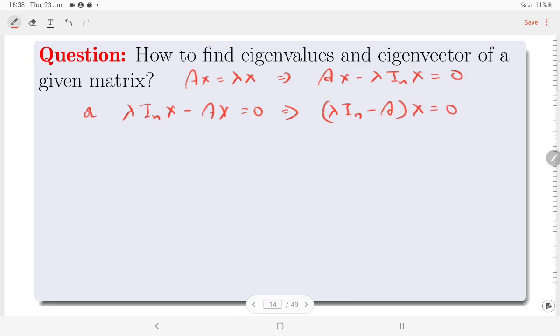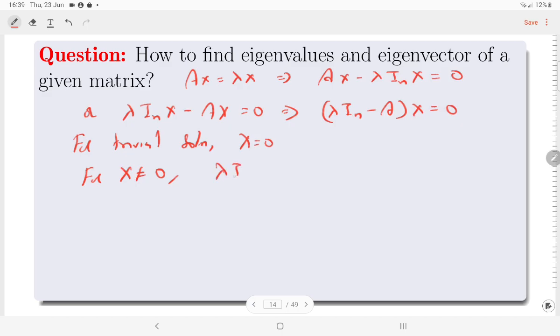So it actually represents a homogeneous system of equations. If you see lambda In minus A as some matrix B, then it is Bx is equal to 0. So there are two possibilities, either it has a trivial solution or a non-trivial solution. If it has a trivial solution, which means capital X would be 0. But recall the definition, we want eigenvectors to be non-zero. It means for x to be non-zero, this matrix lambda In minus A should not be invertible.